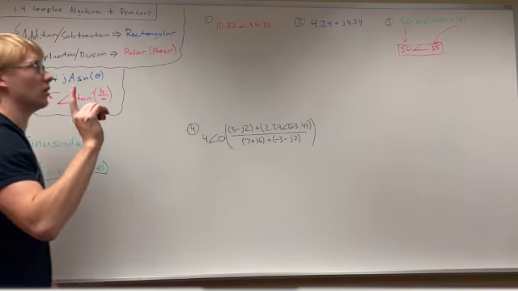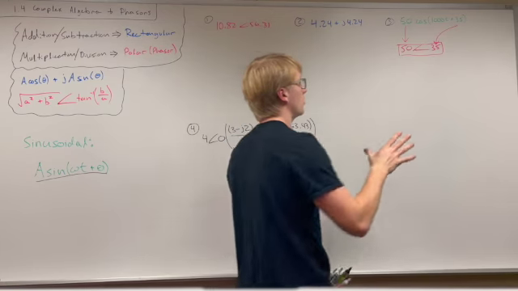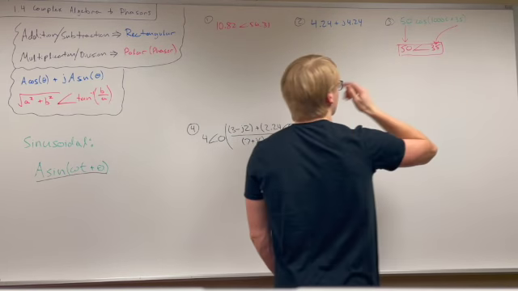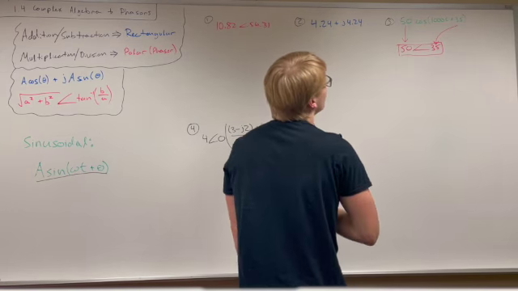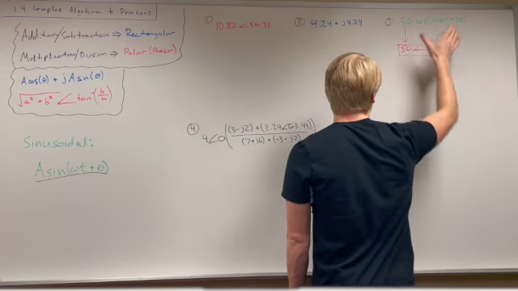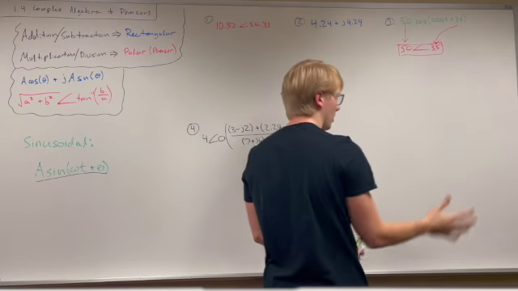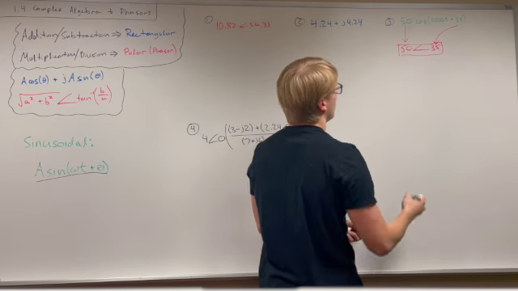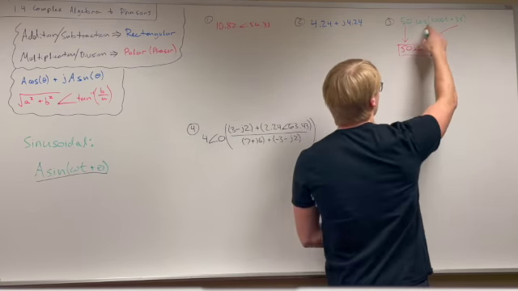The one thing that I want to point out is that when we're talking about sinusoidals, you want to be careful with what you compare to what. In this case, this is a cosine graph.